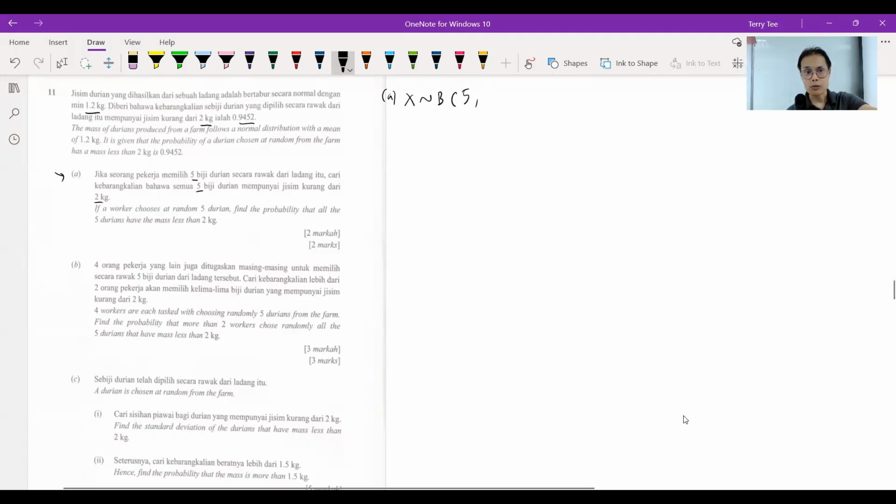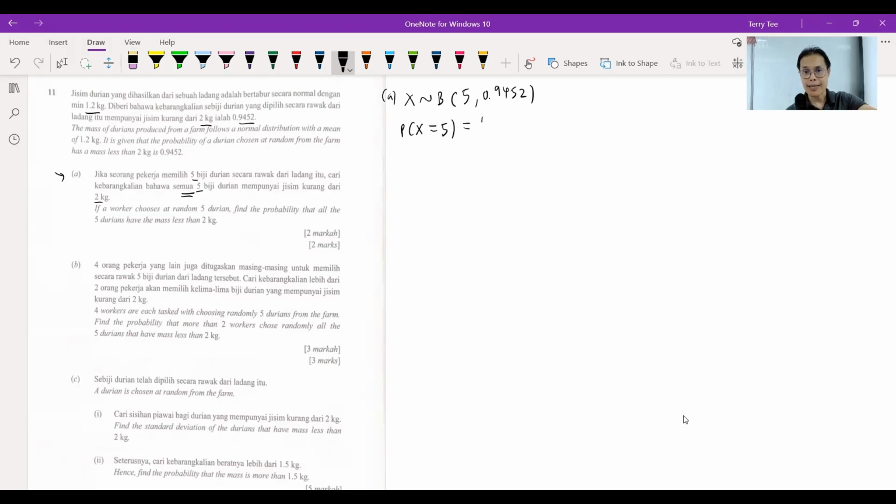Jisim kurang 2 kg is 0.9452. Okay, so this is your n, this is your p. So it's a binomial. Okay, and you want to find the probability that all 5 durian have mass less than 2 kg. So we say P of X equals 5.